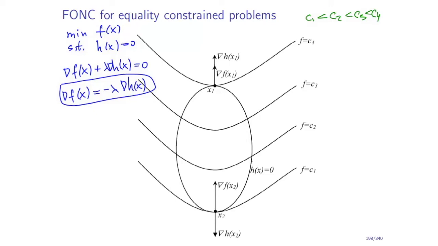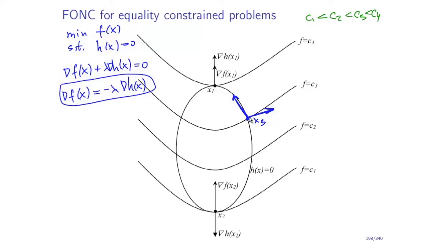So if I take some other point, let's say this point right here, let this be x3, then what's the gradient of f? The gradient of f is orthogonal to the level set corresponding to this point, so it points in this direction. What's the gradient of h at this point? It will be like this, so it's orthogonal to the feasible region. So we see that these 2 directions are not parallel.